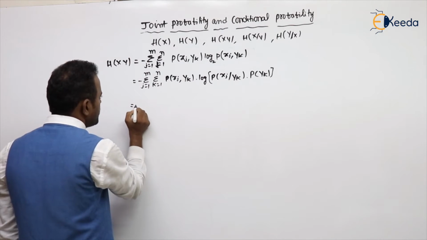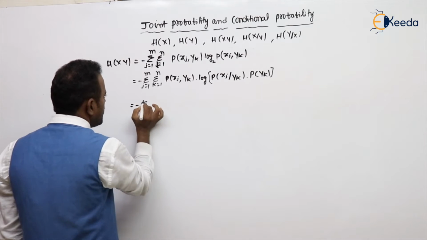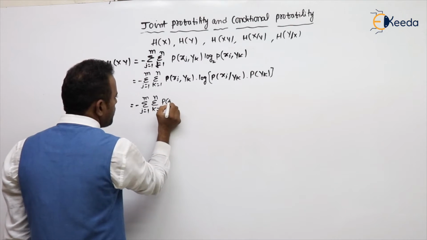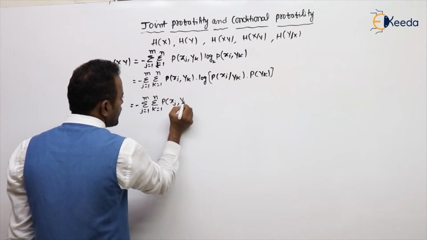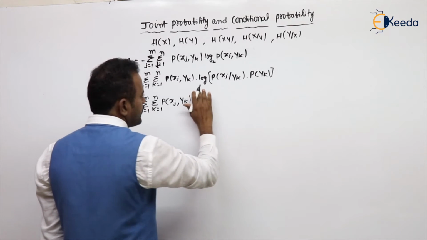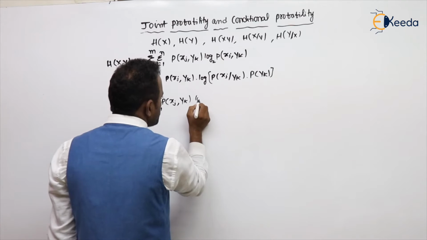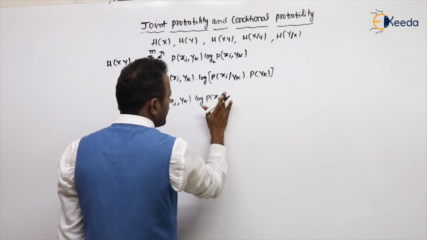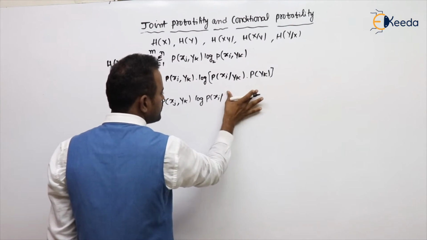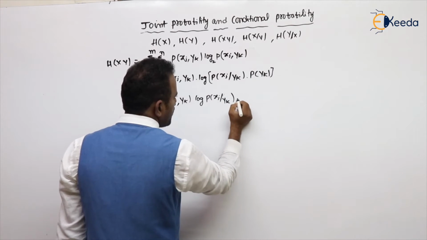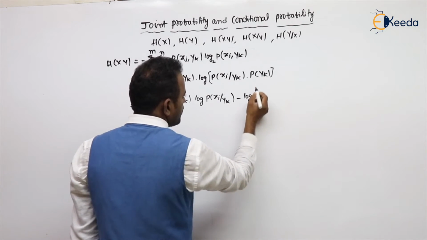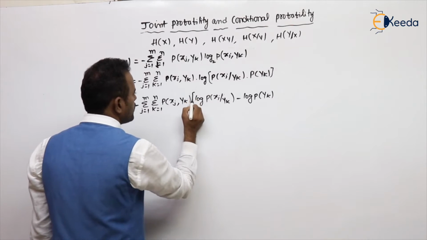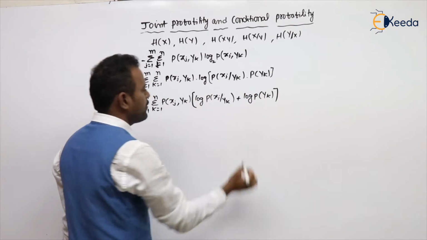Then it is minus summation j equal to 1 to m, summation k equal to 1 to n, p of xj comma yk into log of that product. Log of ab is log a plus log b.